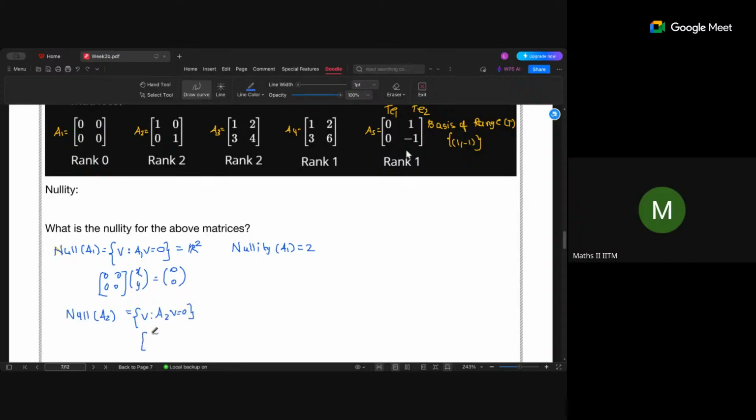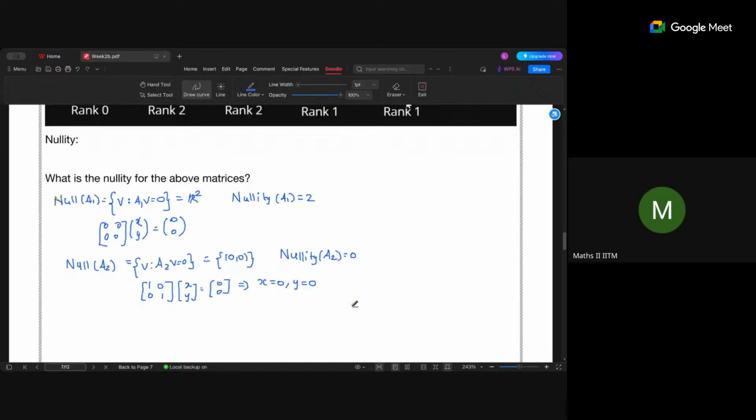So now you have [1 0; 0 1] times (x, y) equals (0, 0), which means x is equal to 0 and y is equal to 0. So the only possible solution in this case is (0, 0). Here the nullity is 0.